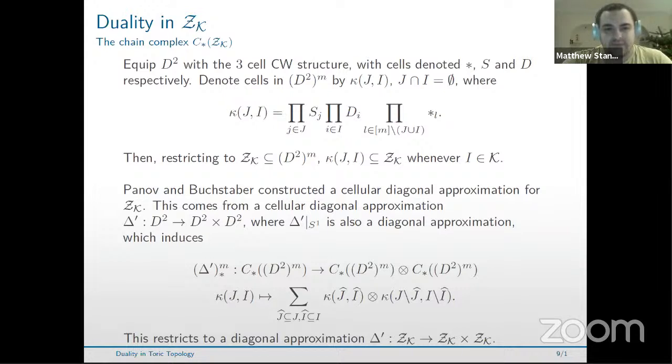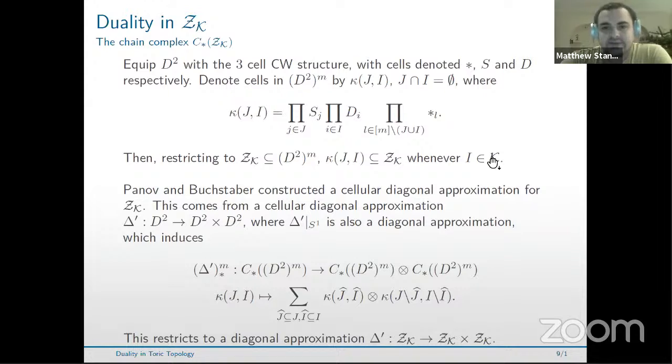What we obtain by doing that is that cells of Z_K can be expressed as pairs (J, I), where J and I are both subsets of the vertex set [m], where I is a simplex of the simplicial complex K.